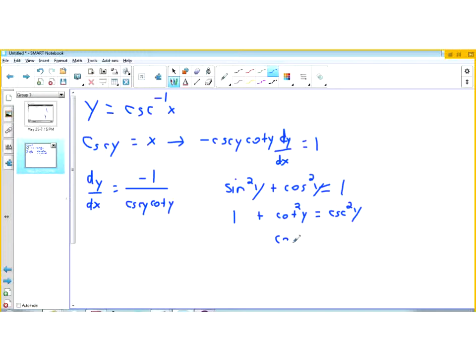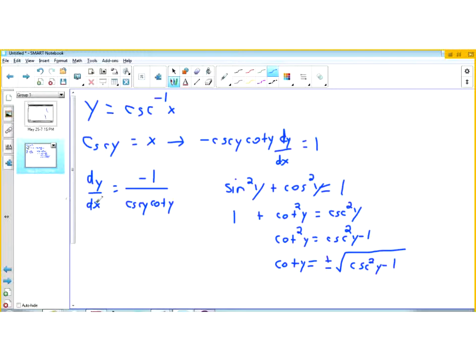And then we can solve for cotangent squared y. So cotangent squared y is equal to cosecant squared y minus 1, and then solve for cotangent y. So cotangent y is equal to plus or minus the square root of cosecant squared y minus 1.